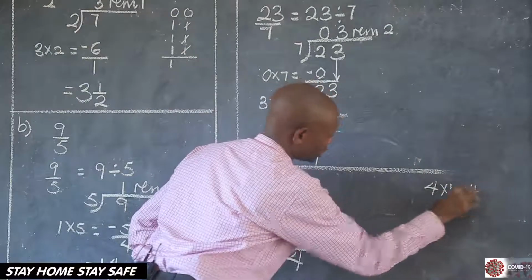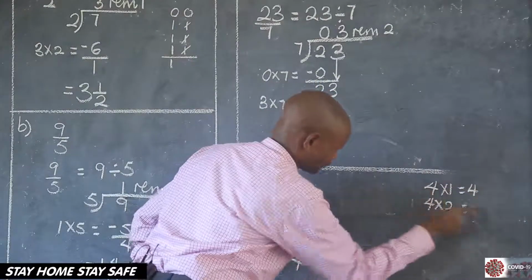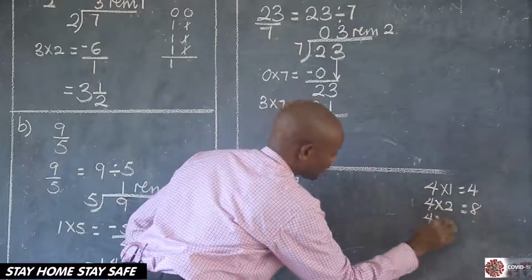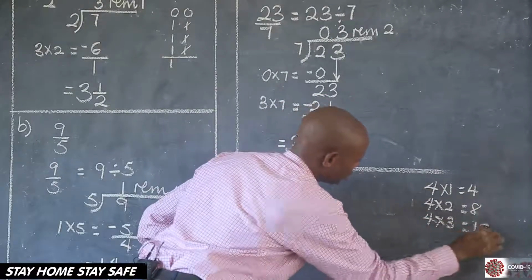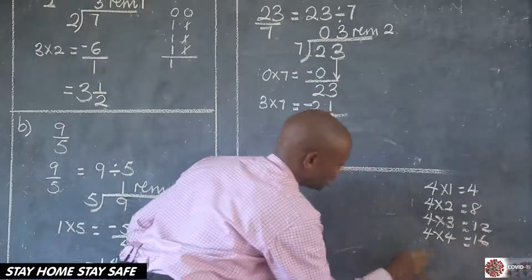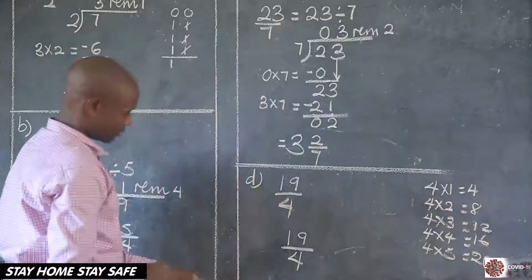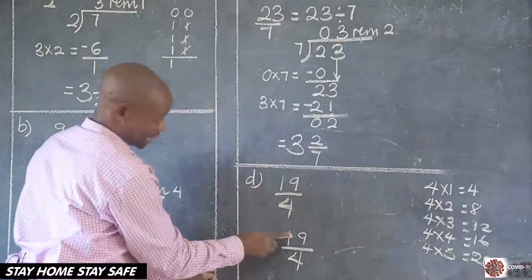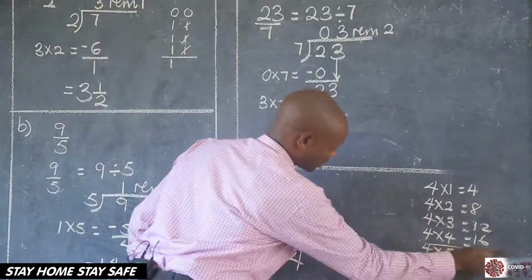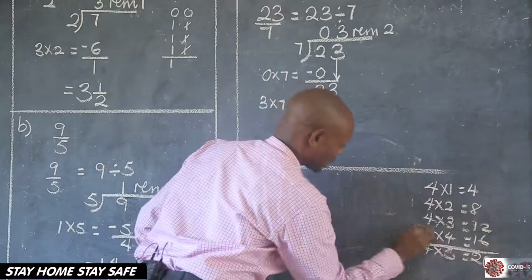Times 1, we get 4. Times 2, we keep on adding 4, that is 8. Times 3, we get 12. Times 4, we get 16. Times 5, we get 20. And 20 is above 19. So it means we are not going to take this one. So we shall take this.